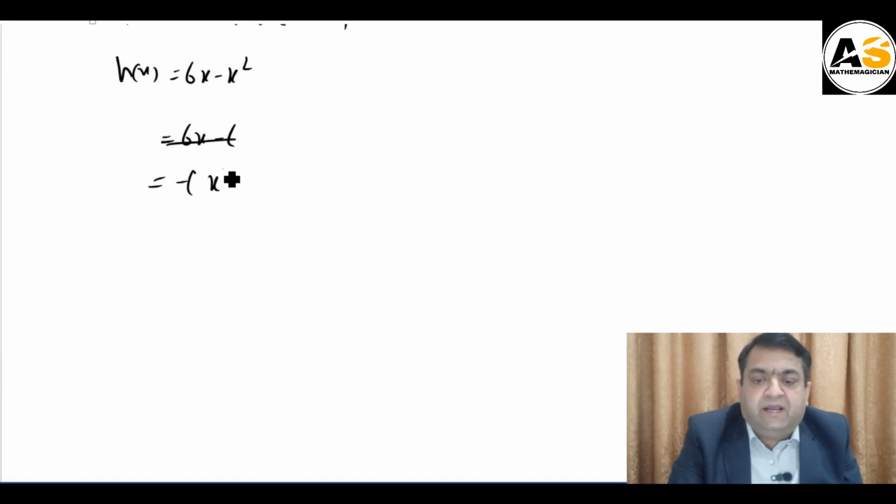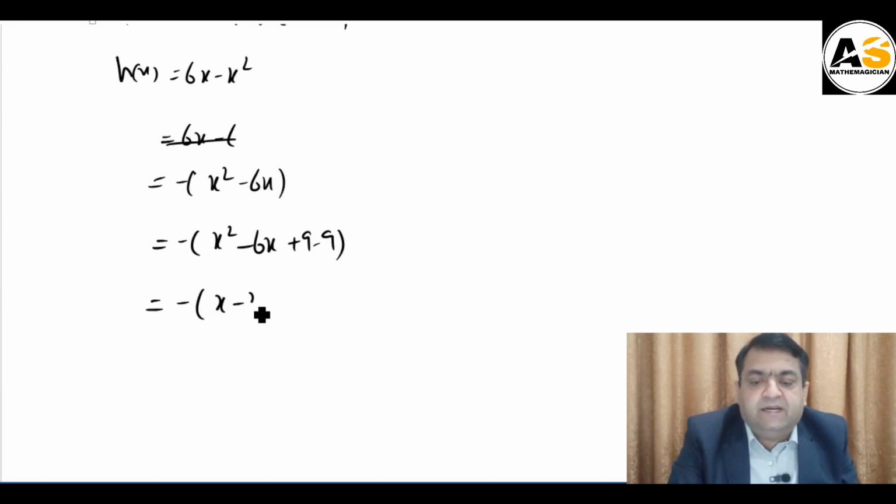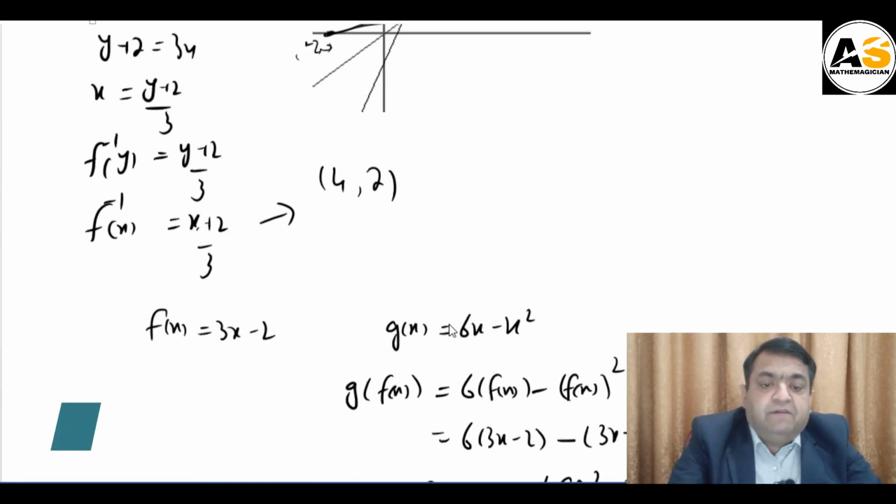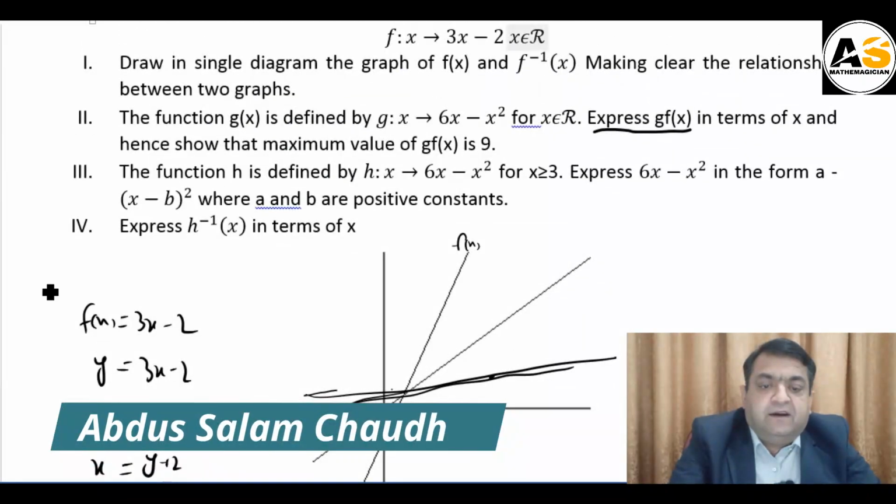I am taking minus 1 common, x square minus 6x. I am completing the square within the bracket, minus 6x plus 9 minus 9. First three terms will complete the square x minus 3 square, and this will be plus 9. I can write it as 9 minus x minus 3 whole square. This is h of x. So we have written the given function h of x in the standard form.